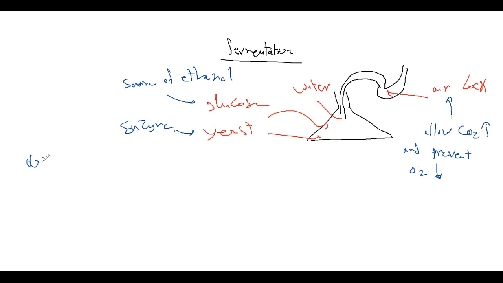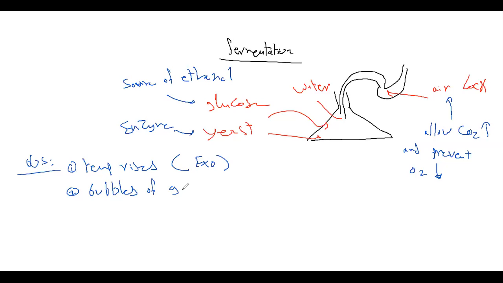The observations that you'll find: number one, the temperature rises, an exothermic reaction. Number two, bubbles of gas. After fermentation, glucose changes to ethanol, so it will be ethanol and water and the remaining yeast.